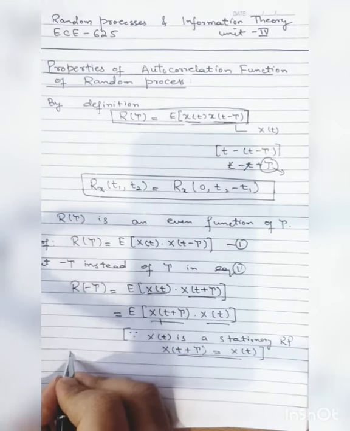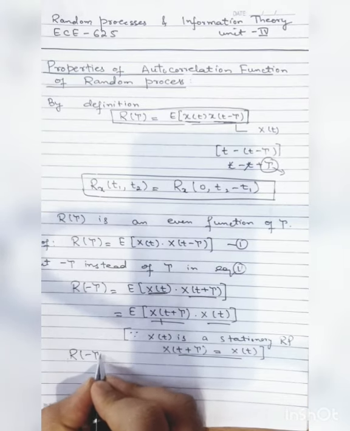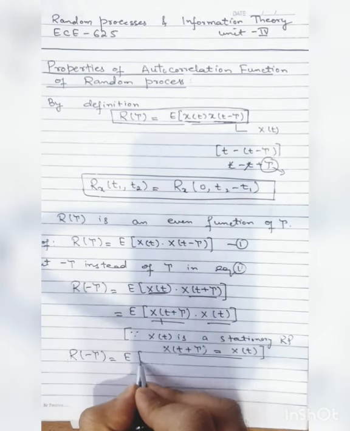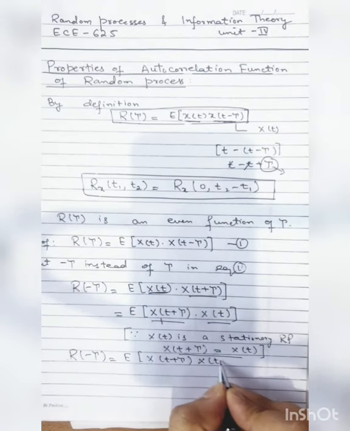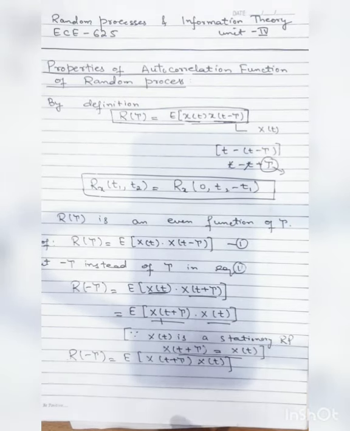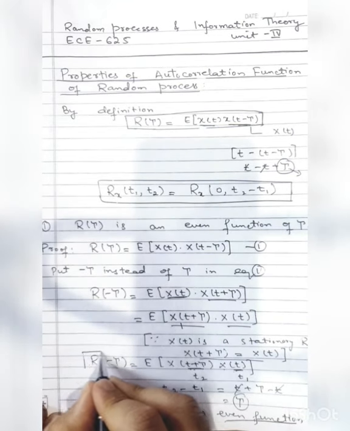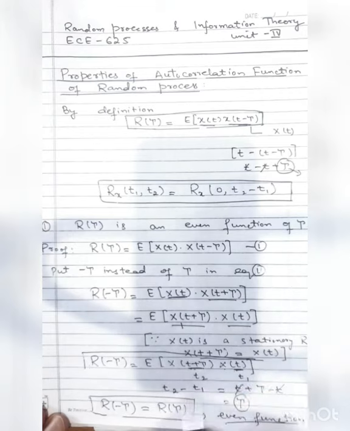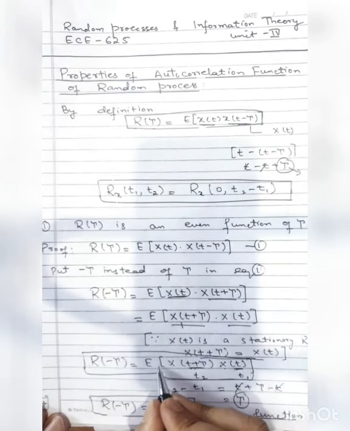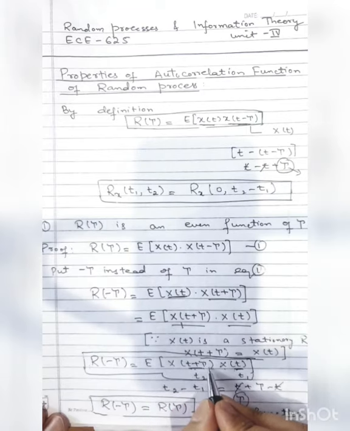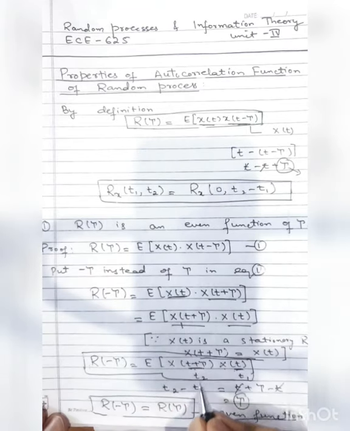So our equation then becomes R of minus tau equal to the expectation of x of t plus tau and x of t. Now try to understand. I can say that R of minus tau is nothing but the expectation of x of t plus tau into x of t. Let me put t plus tau equal to t2 and t equal to t1.